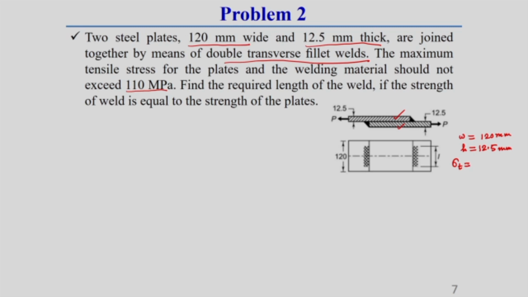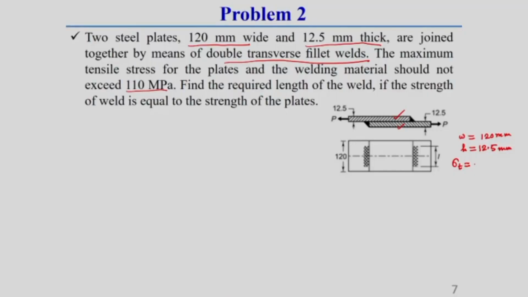If the stress level is beyond this value, then your structure will be considered failed. Understand? So, sigma T is given as 110 MPa. 110 MPa means 110 Newton per mm square.